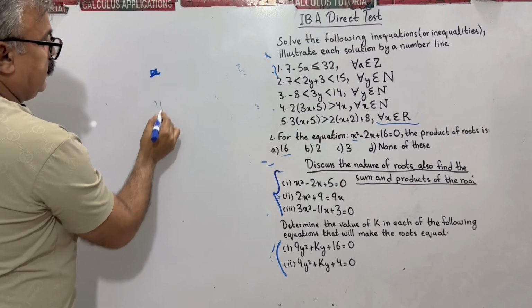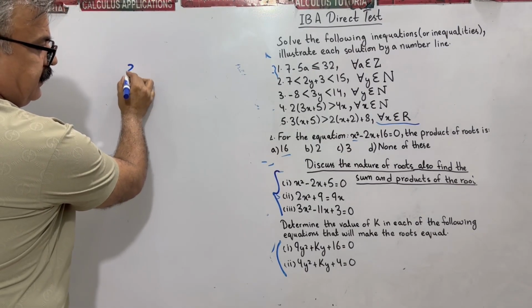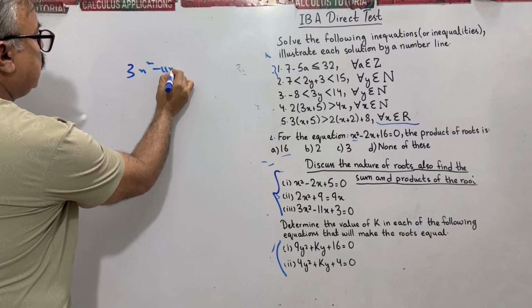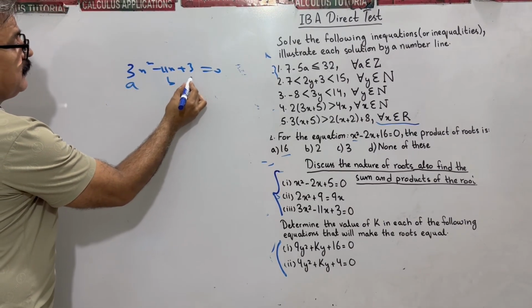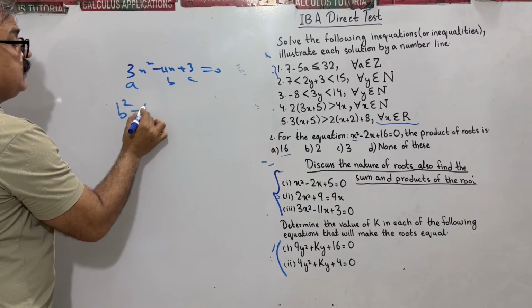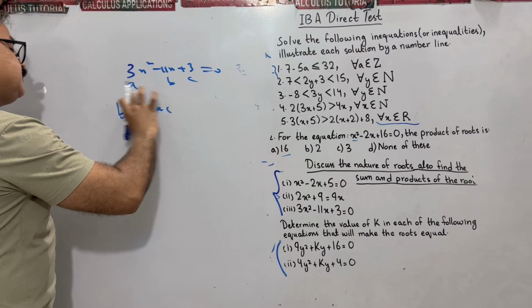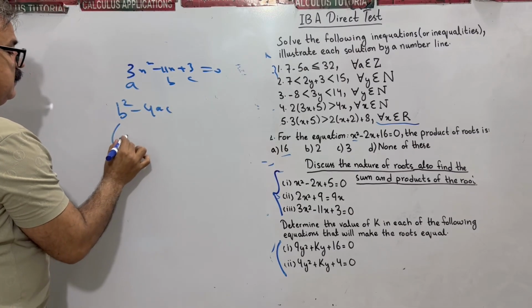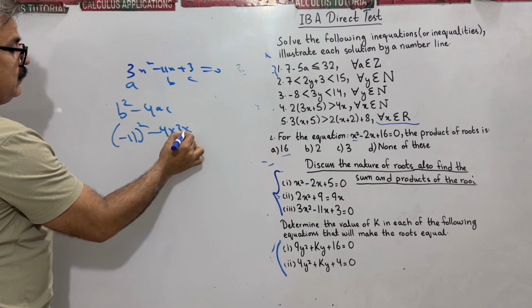Here, what do I have to write? 3x square minus 11x plus 3. Look at the roots of this equation. Here is a, here is b, here is c. Put values in the discriminant, b square minus 4ac, to check the nature of roots. b is minus 11, whole square. 4 times 3 times 3.